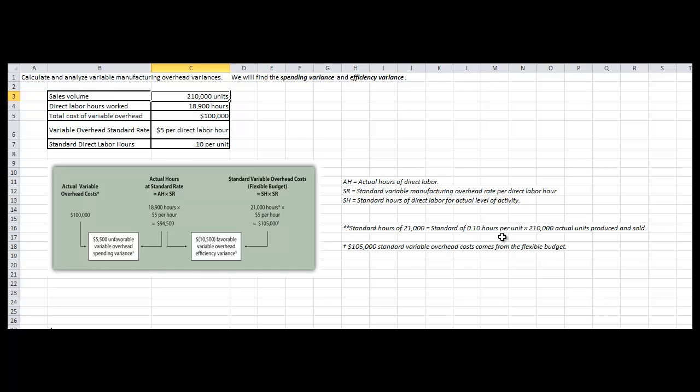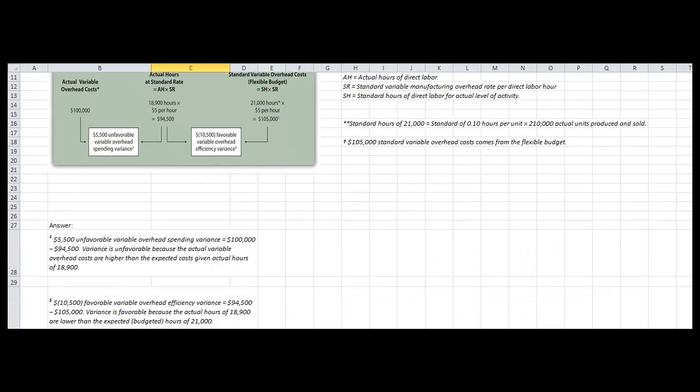And here's a nice little description of how we actually use that. We're going to take that times the $5 per hour, which is SR, which we have used before. So it's this $5 per direct labor hour. And then when we compare the actual hours at standard rate with the standard variable overhead costs using the flexible budget, that's how we find our efficiency variance, and whether it's favorable or unfavorable.